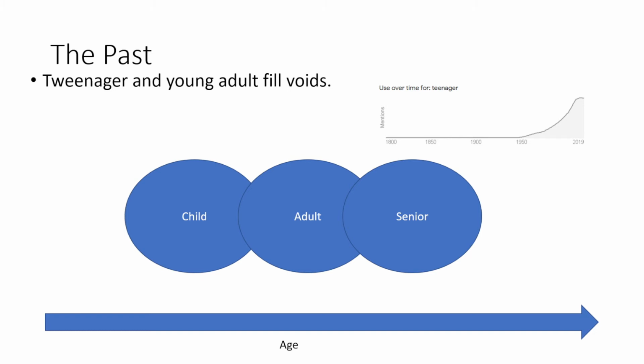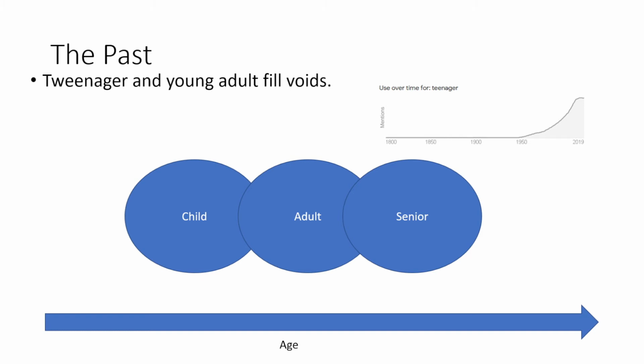One example that pops into my head is England. Right around the Industrial Revolution, there were laws that mandated children to go to school until a certain age. And you really didn't have this teenager phase. There was no time to learn about yourself or develop your own identity. You were forced to work if you didn't want to starve. And there was really no need for the term teenager.